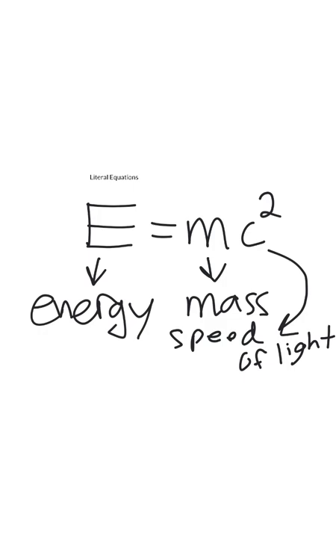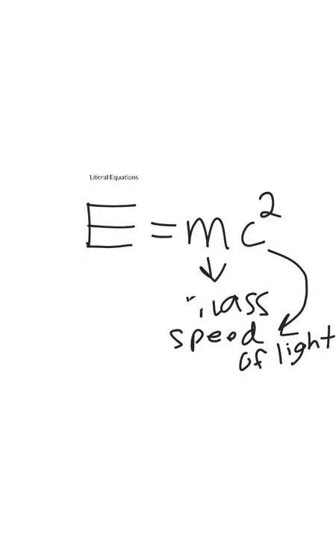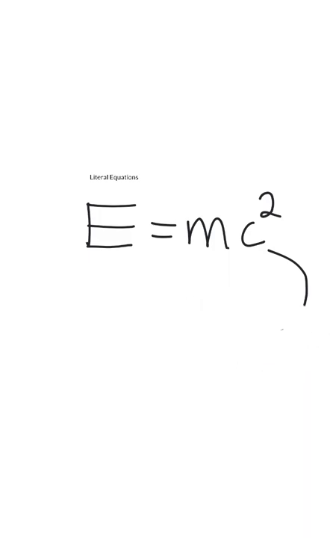Now, literal equations can be solved like any other equation. For example, if I wanted to figure out an equation for C in this situation, I can algebraically solve for C. I'll go through that step by step. We want to get C by itself on one side.